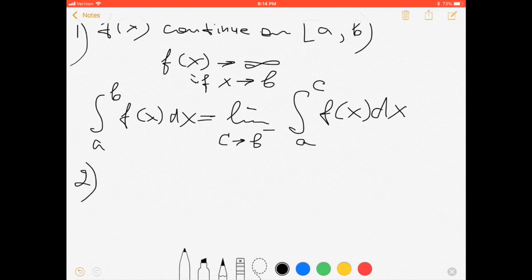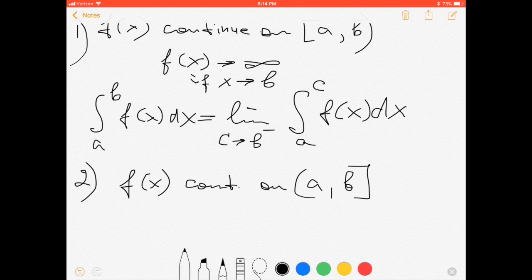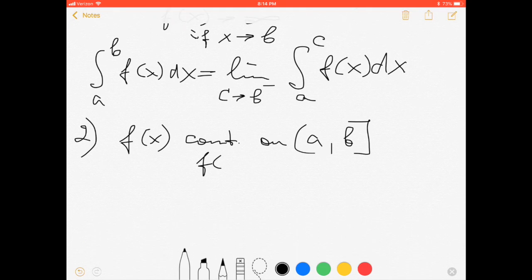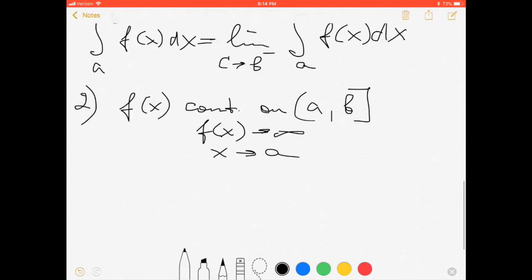Second situation, if f(x) is continuous on the open interval a, b, where a is an open point. And we have the same problem here. This means f(x) approaches infinity if x approaches a.